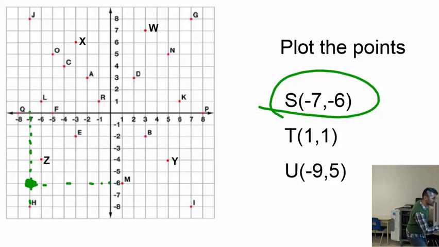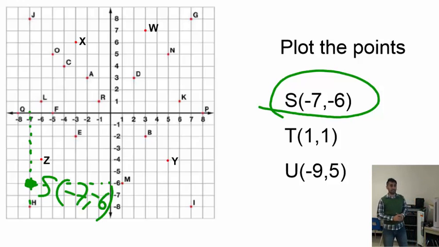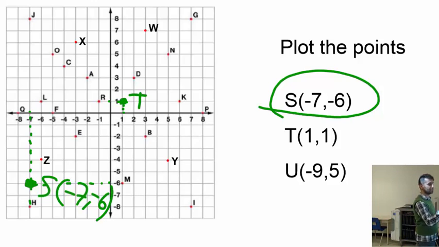So let's name it. It's S. Open the bracket. Write down -7, -6. Close the bracket. Next is T. 1, 1. That's easy. This is T, 1, 1.